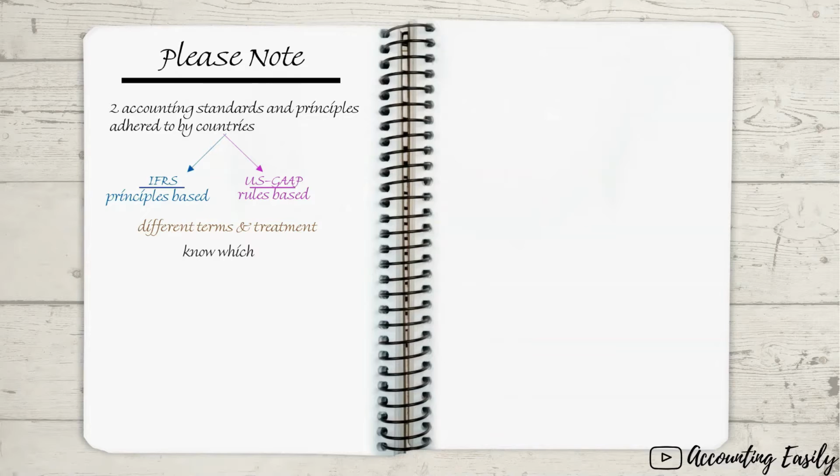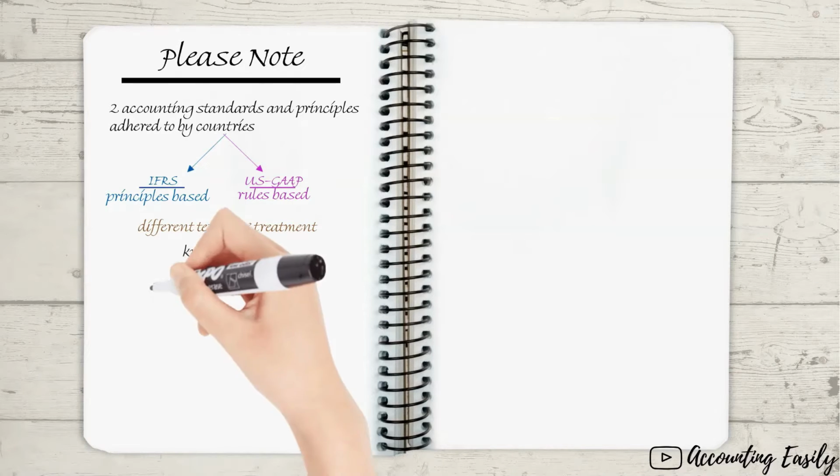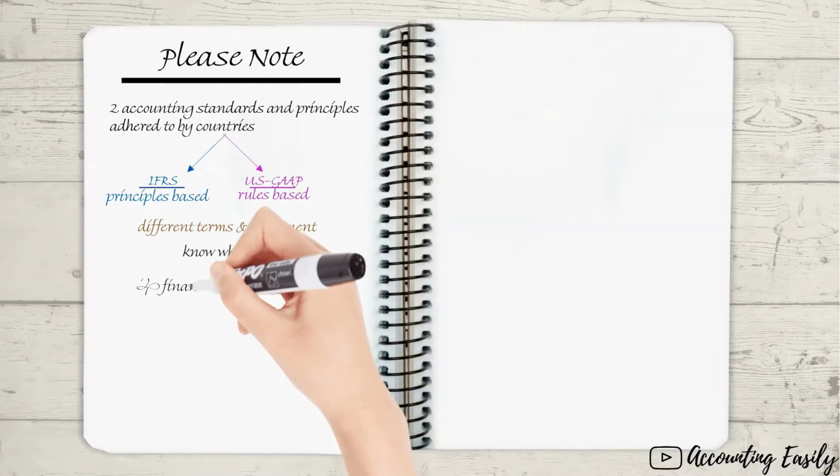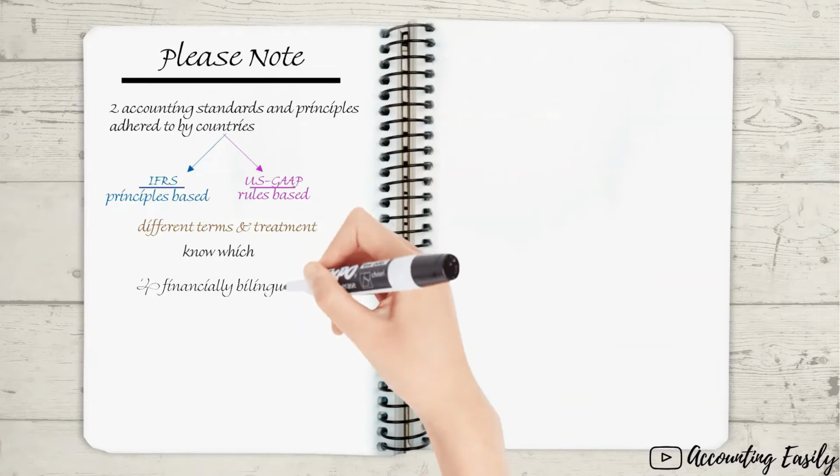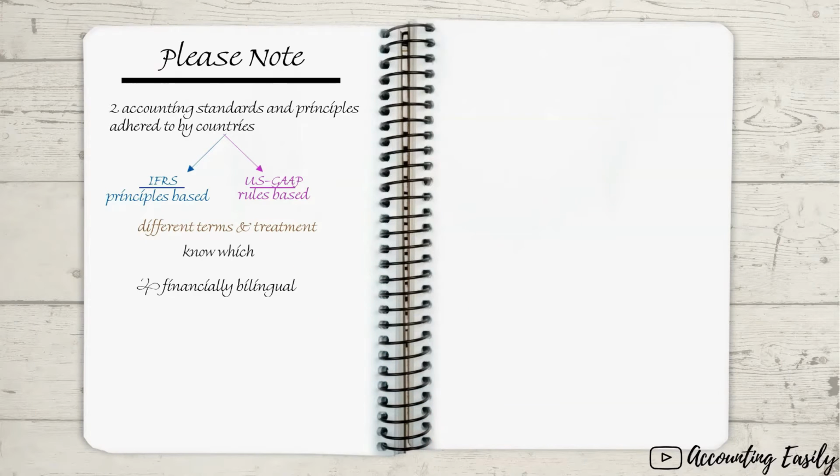But if you are an MBA student or business practitioner, due to how the global economy works, I would suggest you take the advantage of being financially bilingual. That is why I will try to accommodate both standards and principles. If there are differences in the accounting treatment, they will be noted in different colors: blue for IFRS and pink for US GAAP.